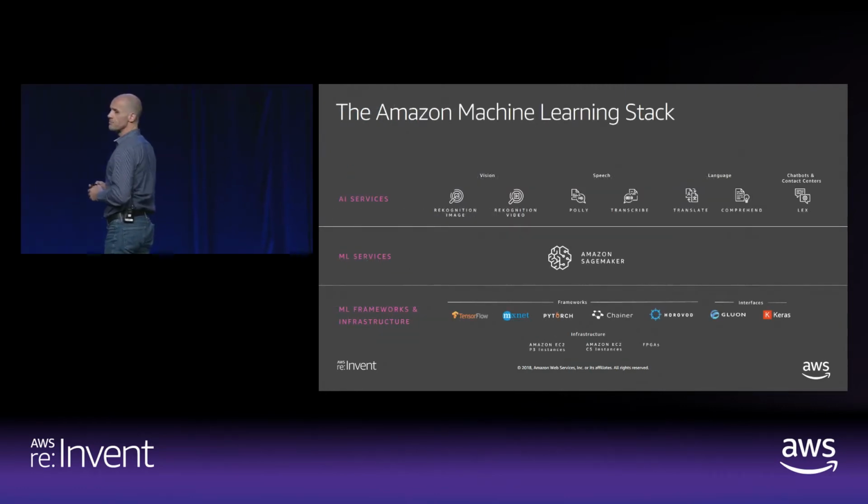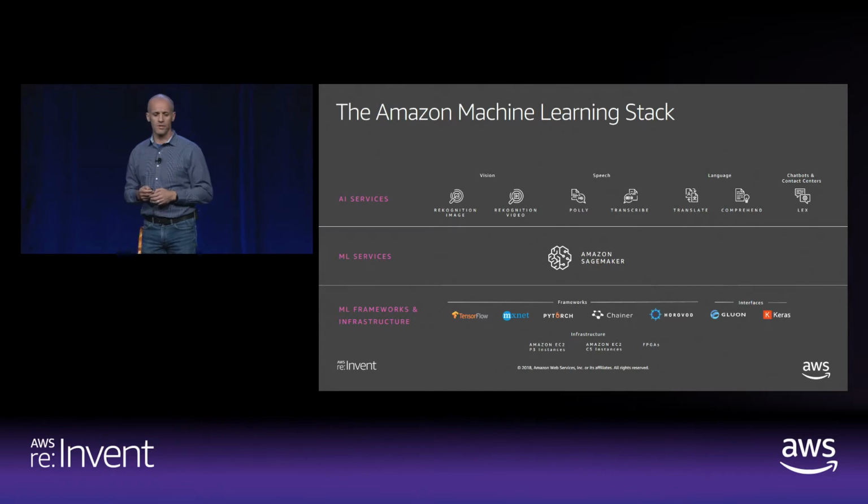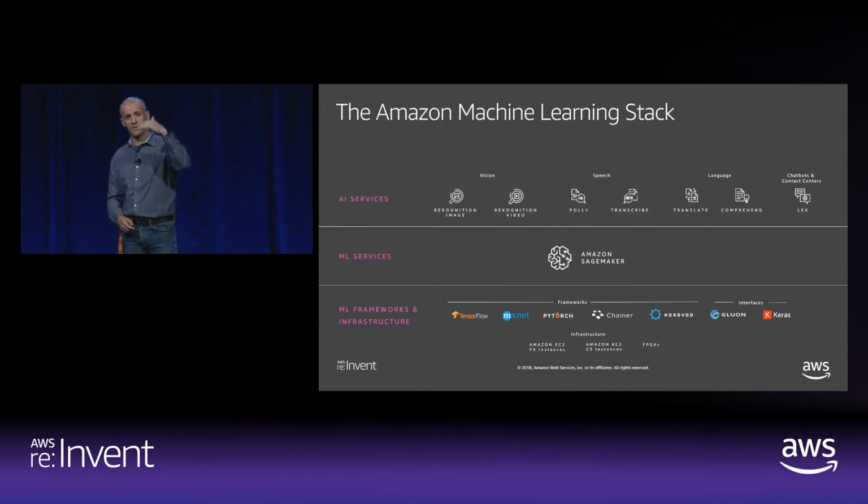Let's start with a broad description of the Amazon machine learning stack. This stack is catered for people who have different backgrounds, different needs. And we're going to start by describing the top level of the stack. These are the AI fully managed services. These are services that provide computer vision, speech, language, and chatbots, contact center tools based on machine learning for every developer.